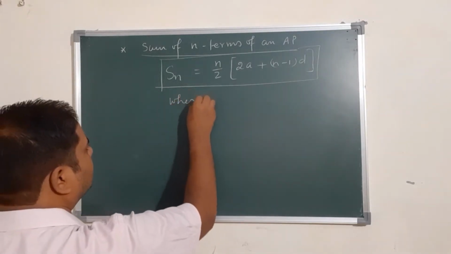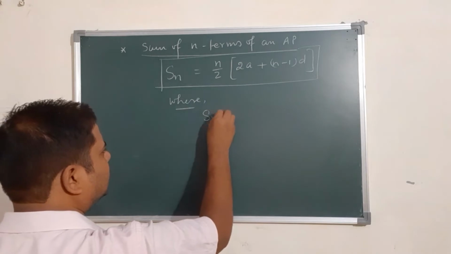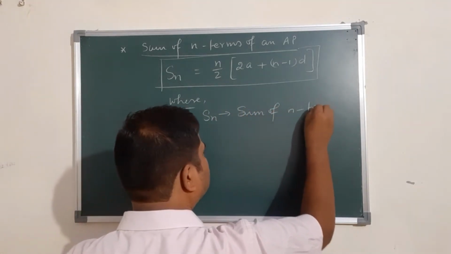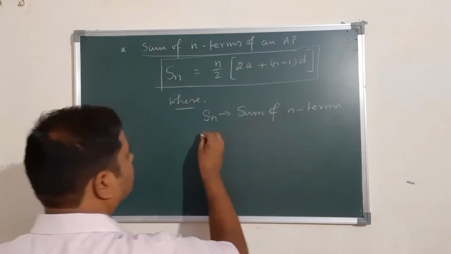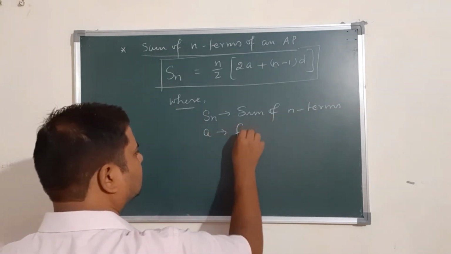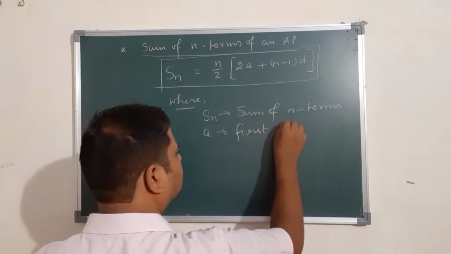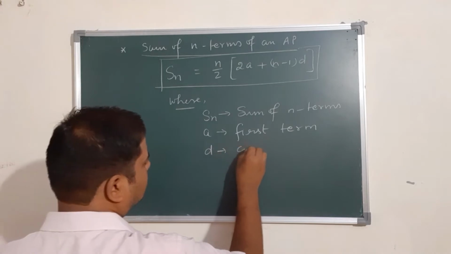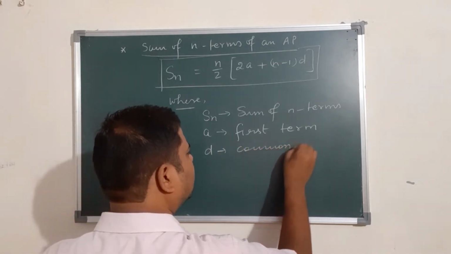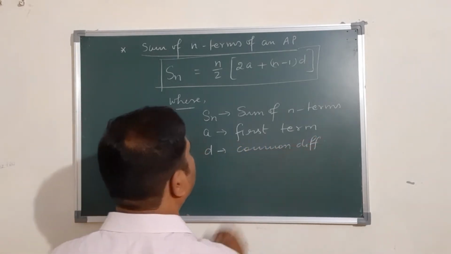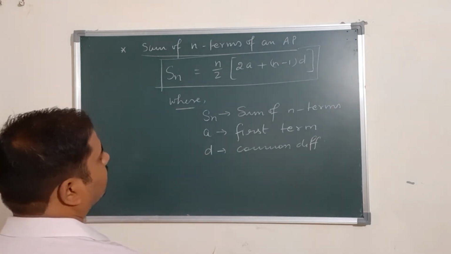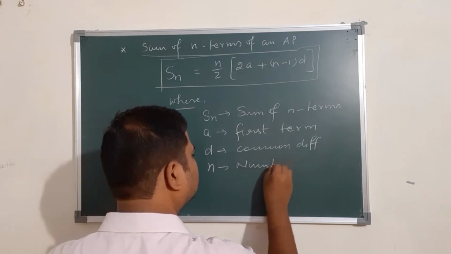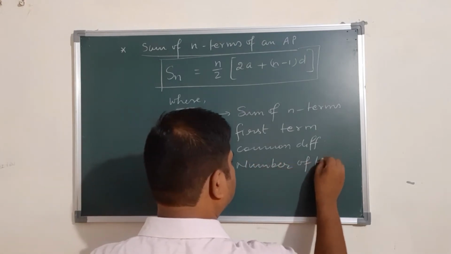where Sn is the sum of n terms, a is the first term as you know, d is the common difference and n is the number of terms.